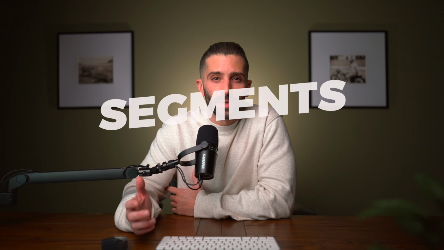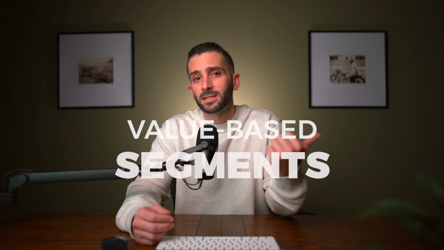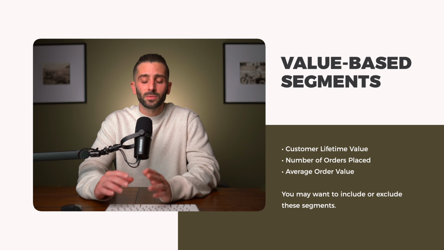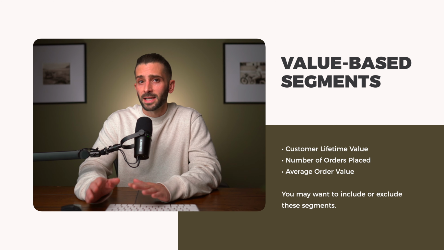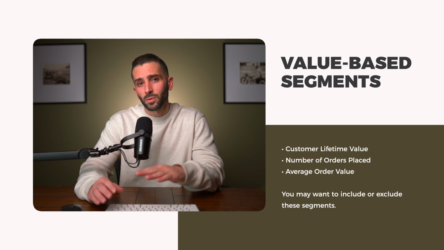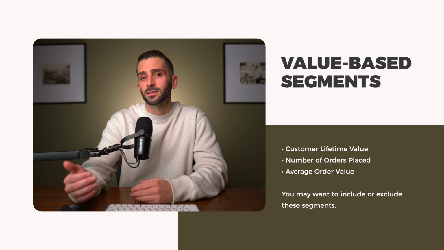First is our value-based segments. And really all we're going to do is segment our customers based on customer lifetime value, the number of orders they placed, or even their average order value. This is important because when you go to send out email or SMS or run advertising, it's not just the customers that you want to include in those messages, but also those that you want to exclude.